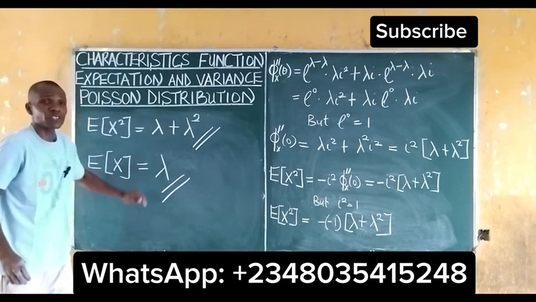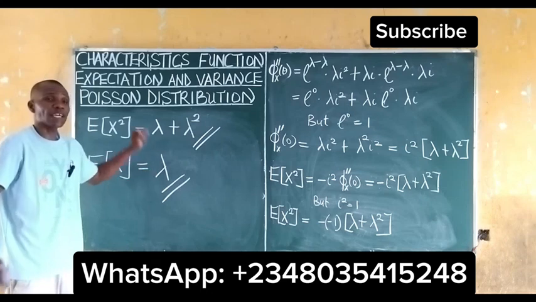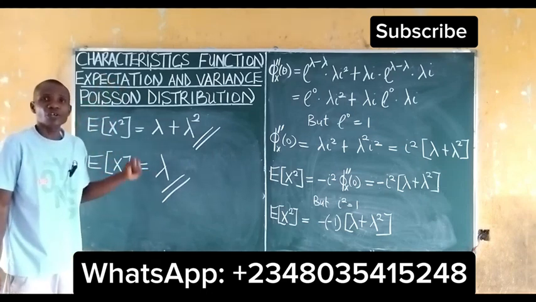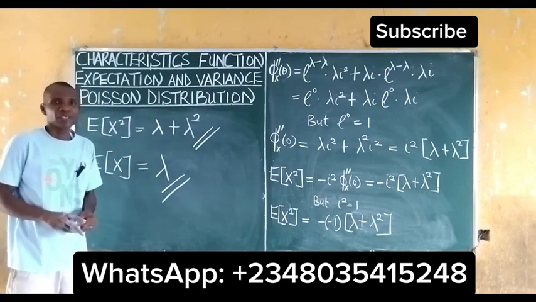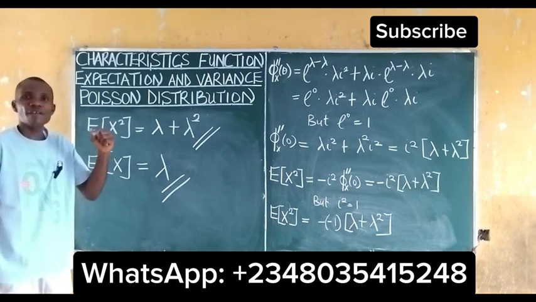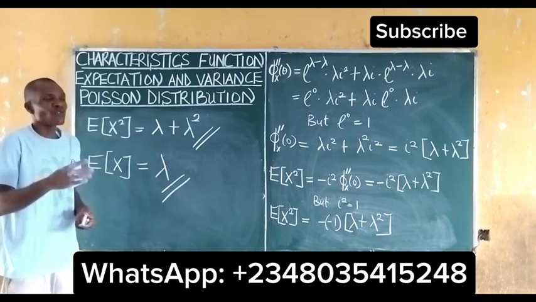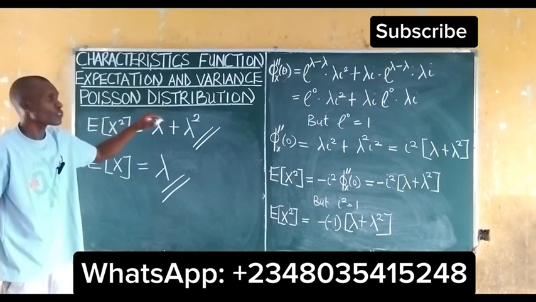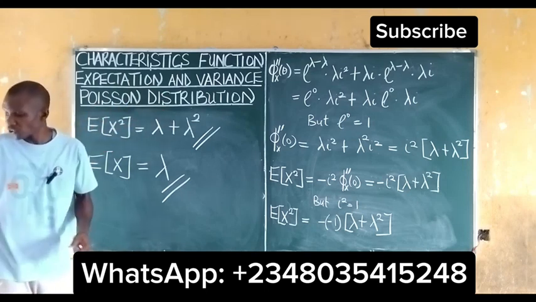So this is what we have succeeded in getting for the expectation of the characteristic function of the Poisson distribution. The next thing to do is to look for the variance. So we'll now look for the variance for the characteristic function of our Poisson distribution.